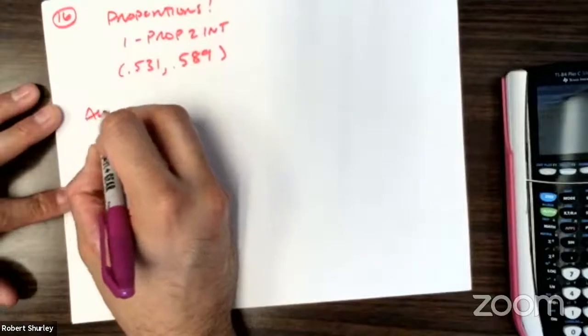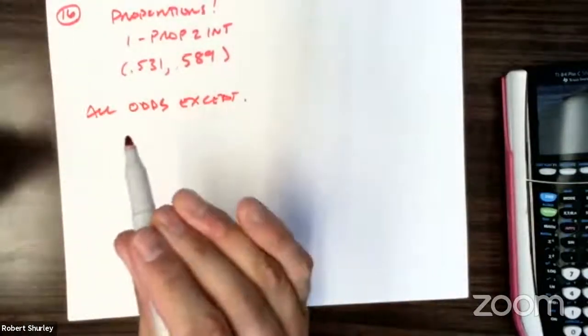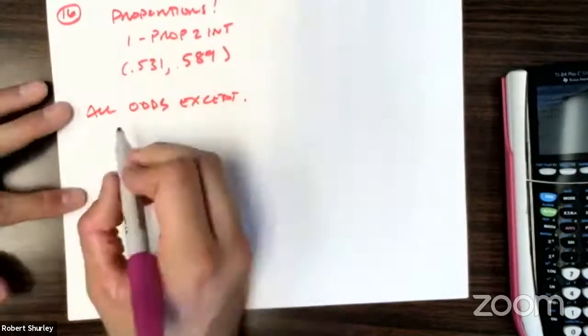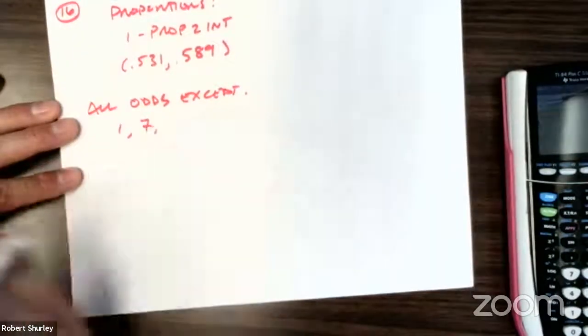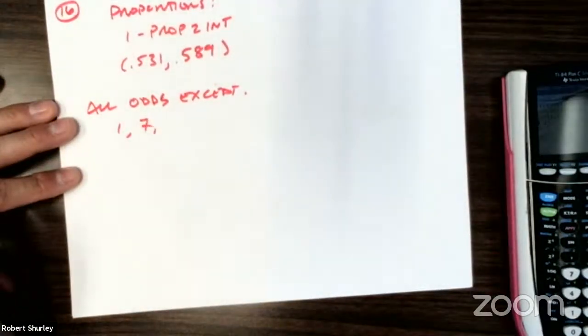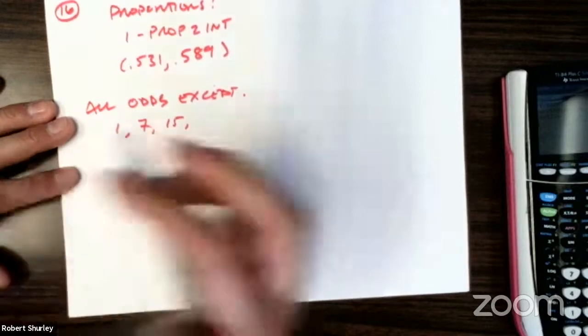So I want you to do all odds except, okay, I know that's goofy, but just trust me here. Except 1, 7, and 15.